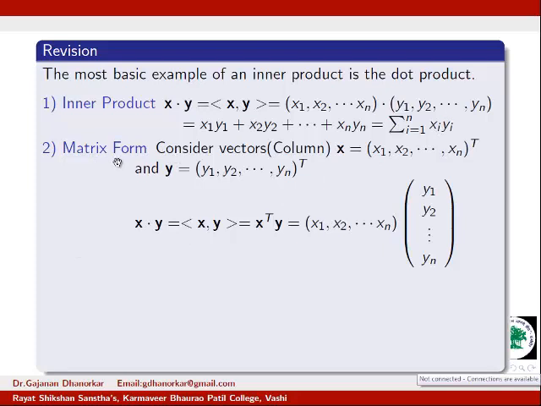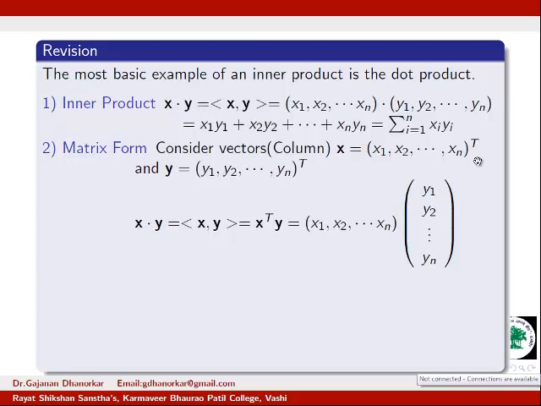If we take column vectors, then x is x1, x2 and so on, xn, and y is y1, y2, so on yn. Now x bar dot y bar, this inner product, is x transpose into y.